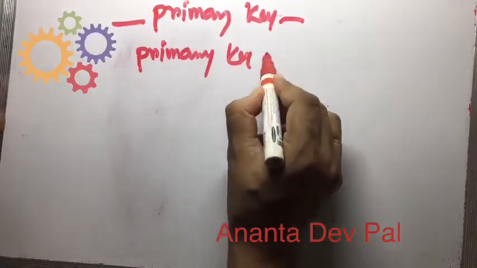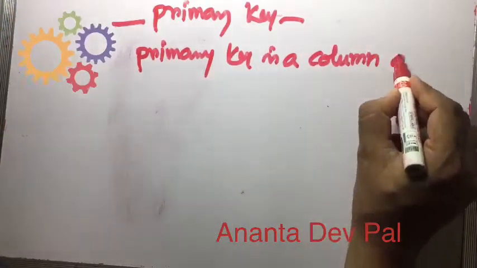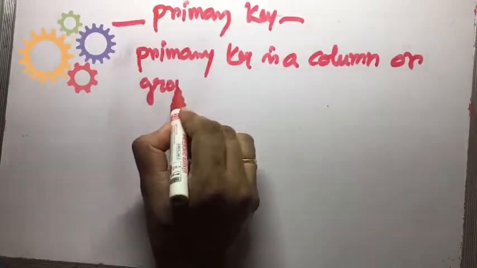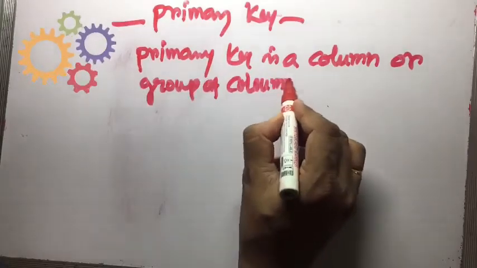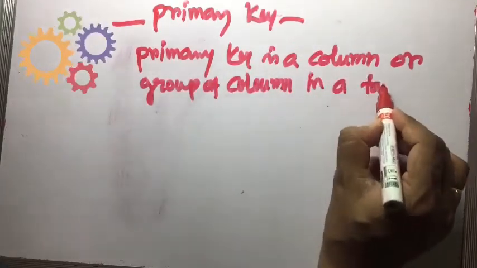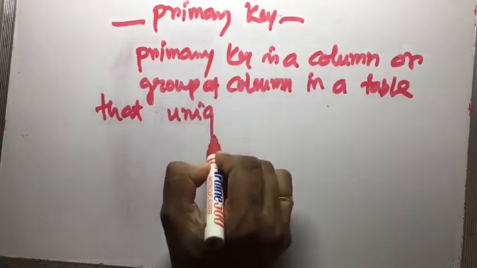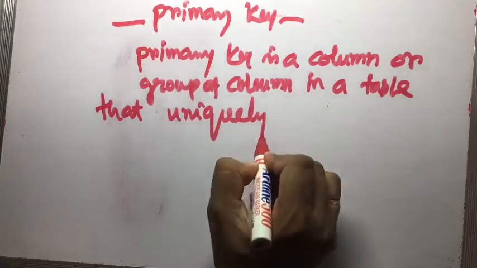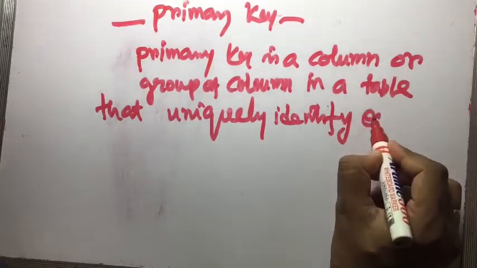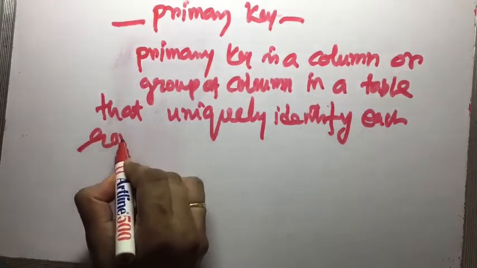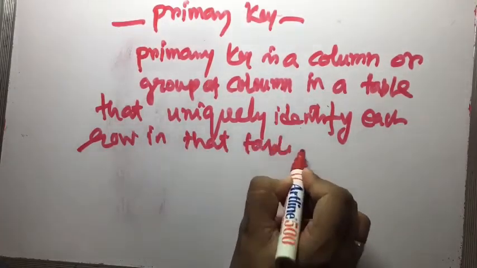Primary key is a column or group of columns in a table that uniquely identify each row in that table.